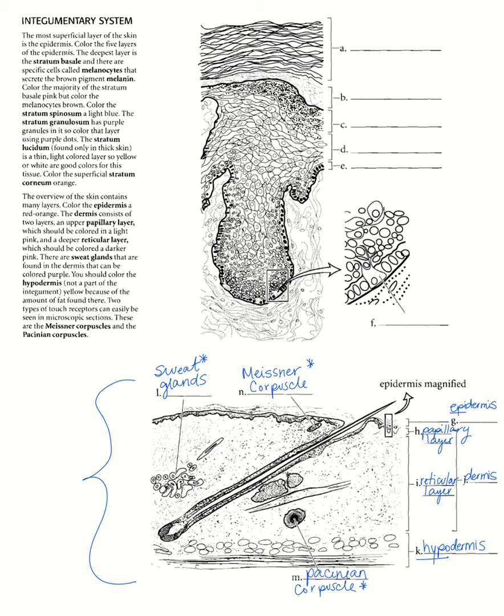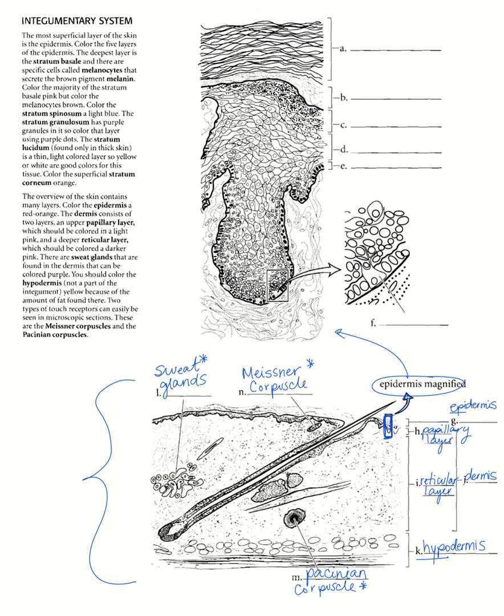Now, I mentioned that I wanted to go out of order because while we have this large section of skin, and we've talked about the epidermis, dermis, and hypodermis, the epidermis is actually made of 5 layers. And so if we take this little section that I'm highlighting here, this is what is magnified in this diagram up here.